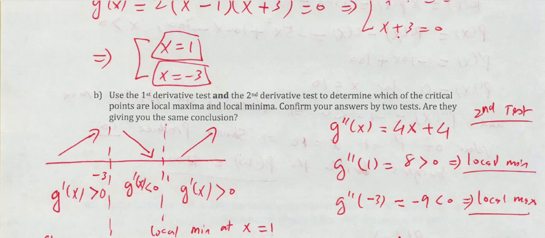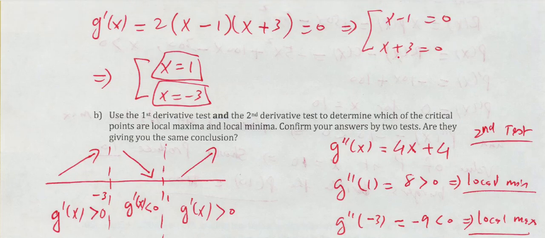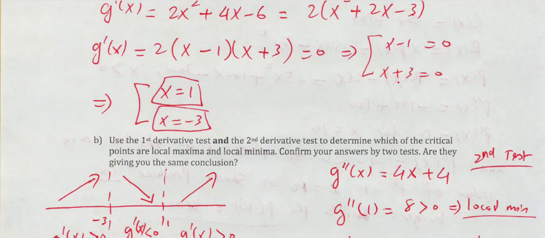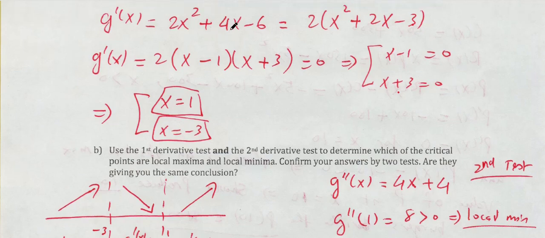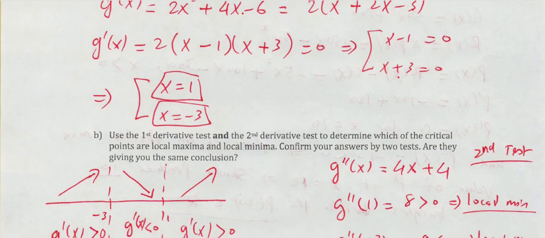Okay, g prime is right here. So we can apply the power rule to find g double prime. Bring down 2, that becomes 4x, and 4x becomes 4. The constant minus 6 becomes 0. And this is the g double prime.